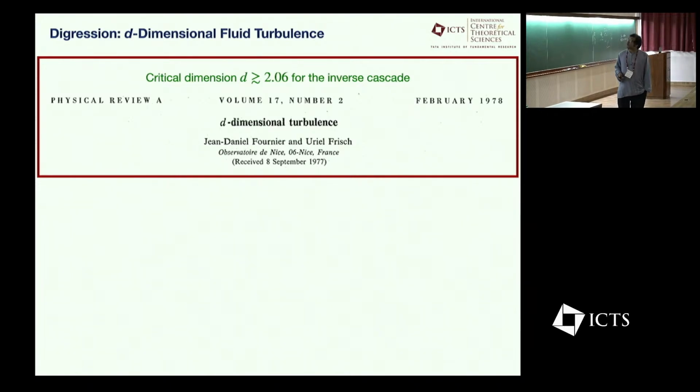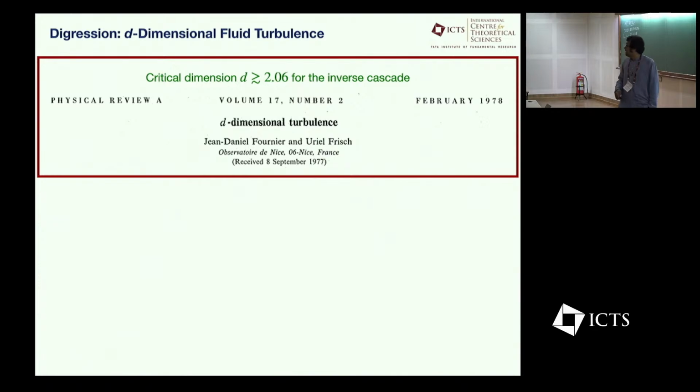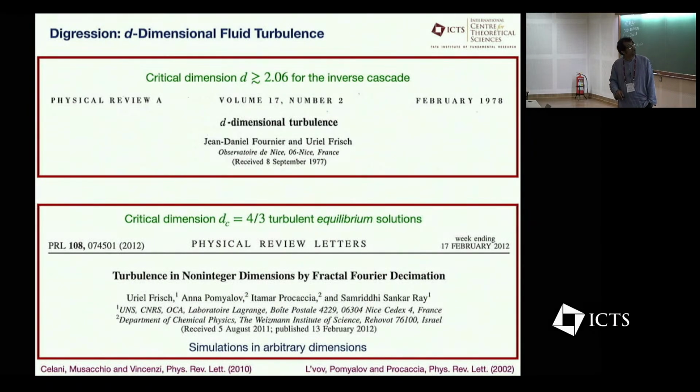The early study goes back to Fournier and Frisch, who showed in this paper several decades ago that you do indeed have a critical dimension in these sorts of problems, where the famous inverse cascade and the role of condensates get limited for dimensions greater than 2.06.